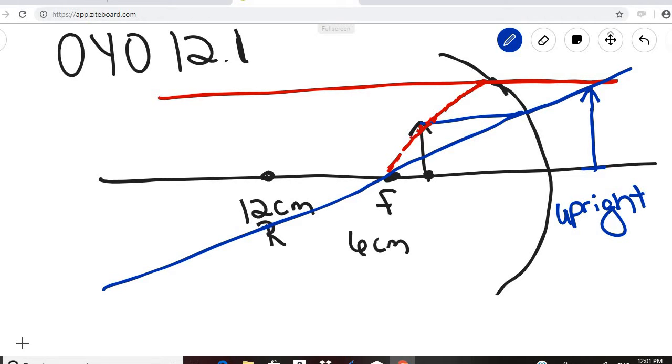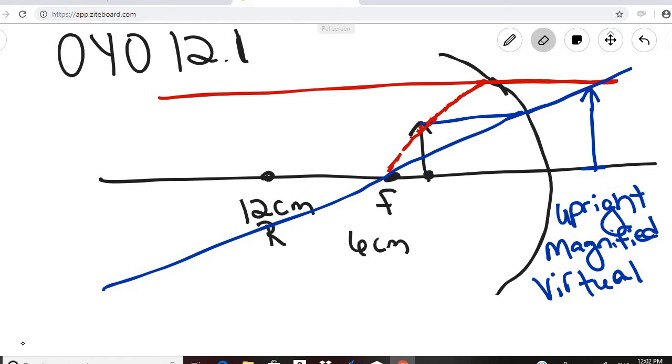It's magnified, so if you look at the difference in the size, it's magnified. And it is a virtual image because the image is formed by extrapolating these lines. It'll appear as if the image comes from behind the mirror. So that is On Your Own 12.1.